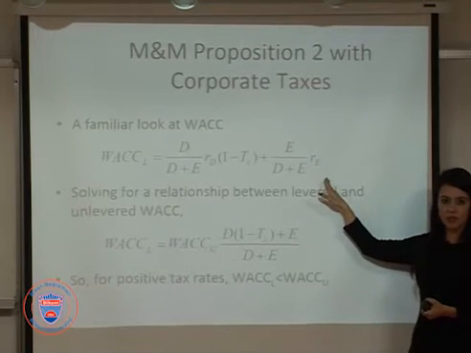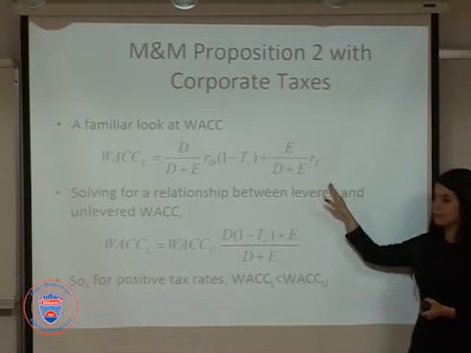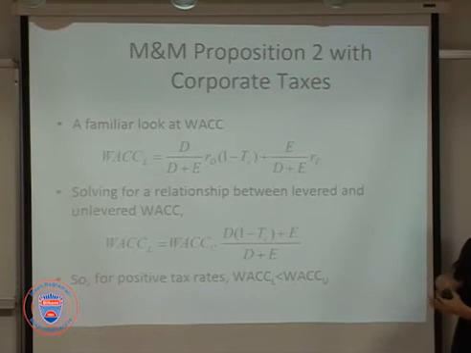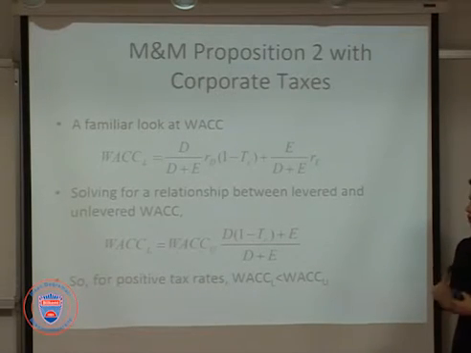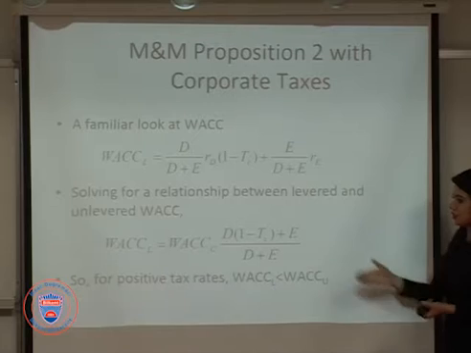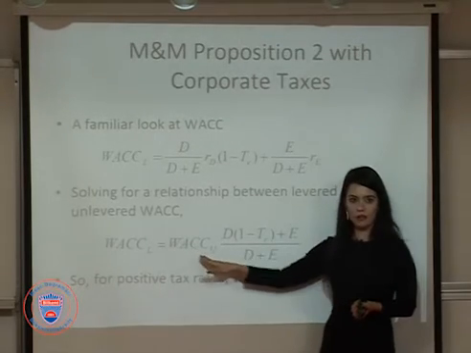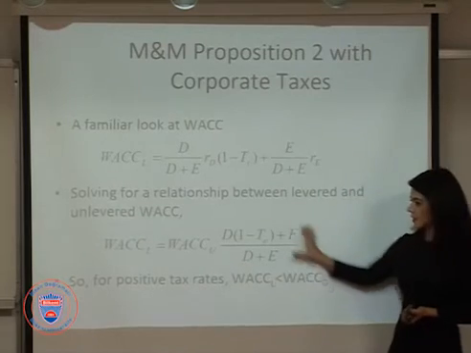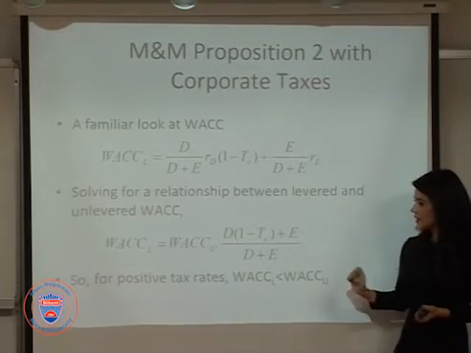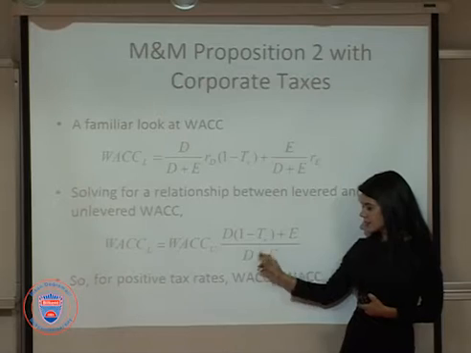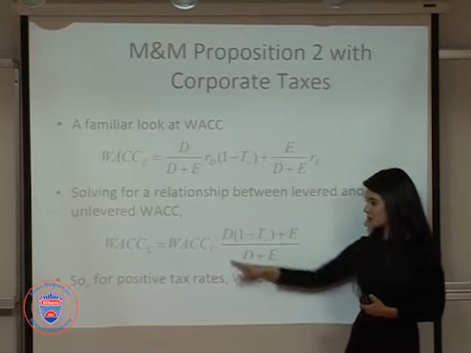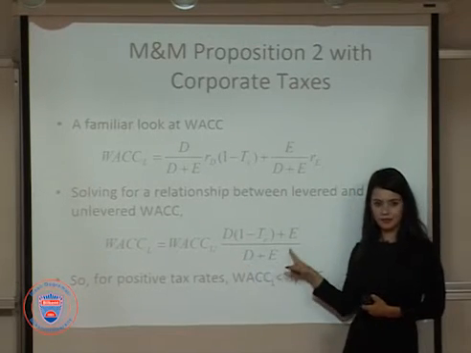Weight of equity, cost of equity. Okay? So if we look at the weighted average cost of capital representation, it's going to turn into this. So this is the WACC of an unlevered firm. This is how that will affect things. So this part, okay, this part will be smaller than 1, right?